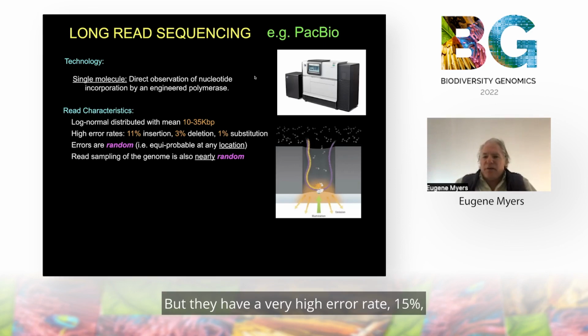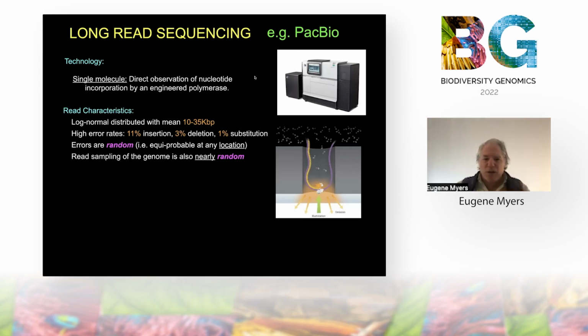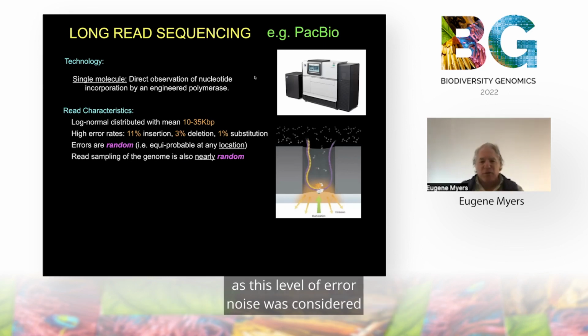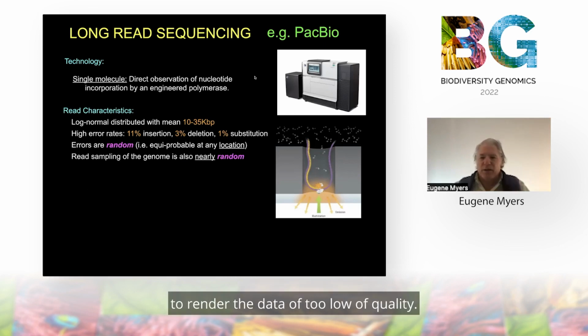But they have a very high error rate, 15%, heavily biased towards insertions due to the thermodynamic noise during the incorporation process. Initially, the community was unfavorable as this level of error noise was considered to render the data of too low a quality.